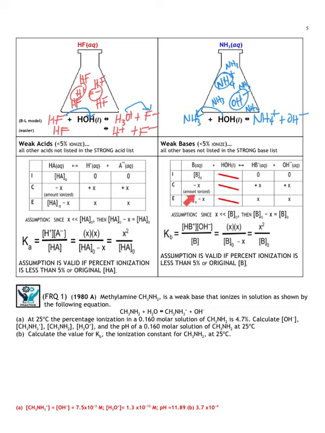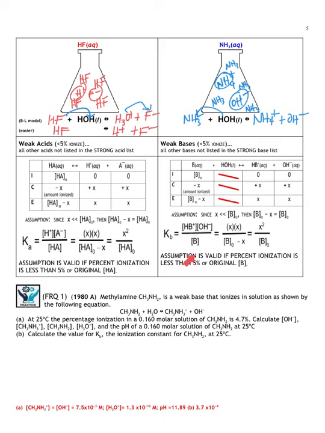Now, weak bases only partially ionize. Very little of it ionizes, less than 5%. So then you just go ahead and work out your ICE table to figure out what is present at equilibrium.